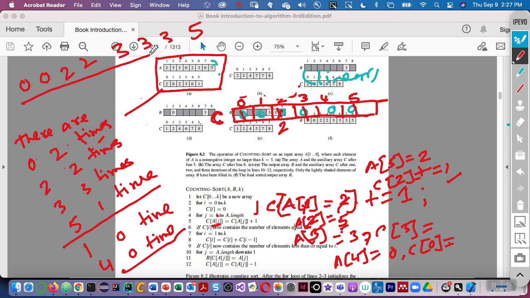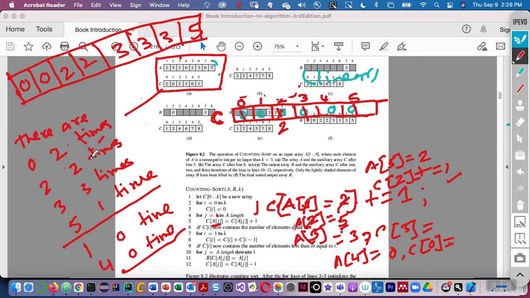This is my output. We can easily write a program to do that with just a single for loop: 0 0 2 2 3 3 3 5. This is our output.